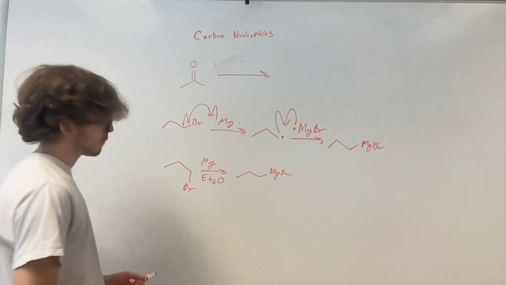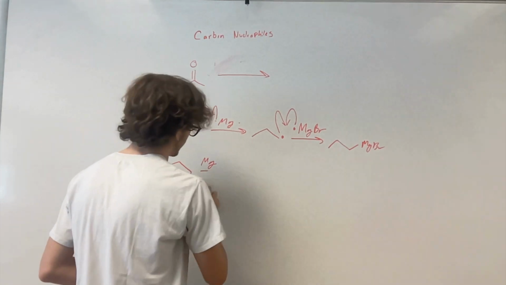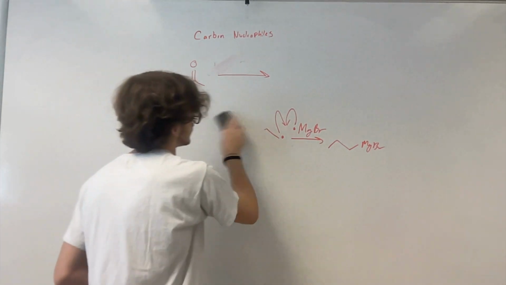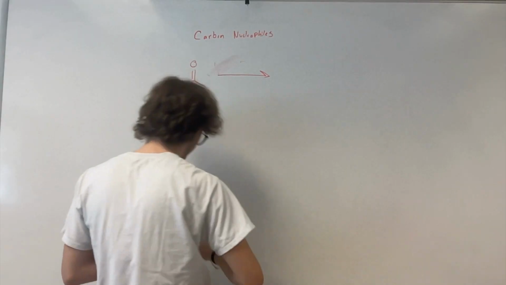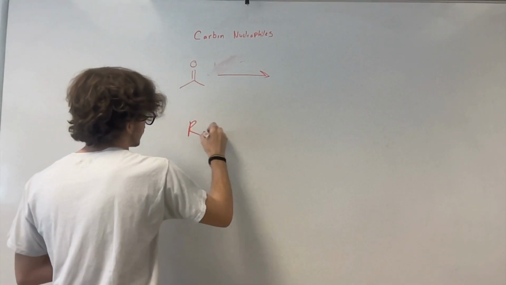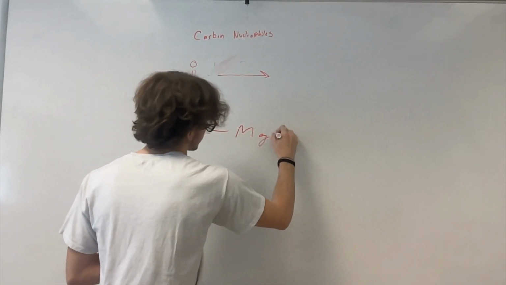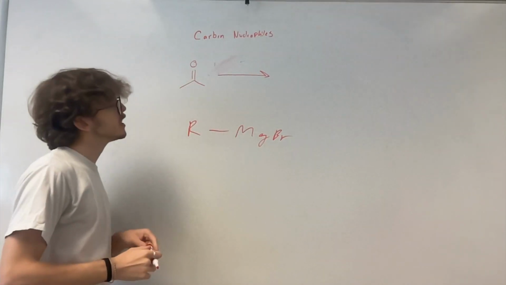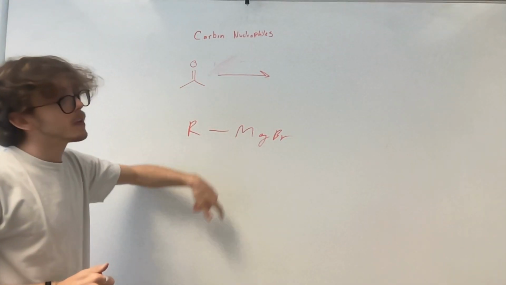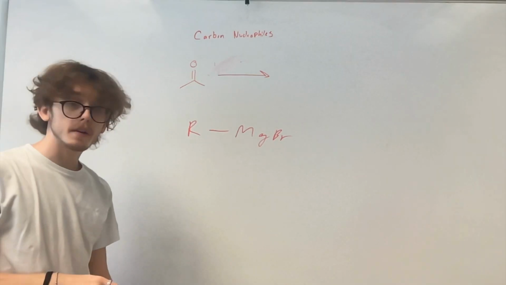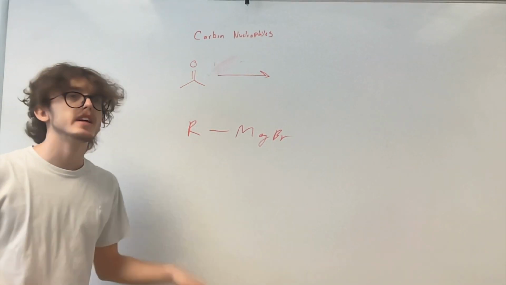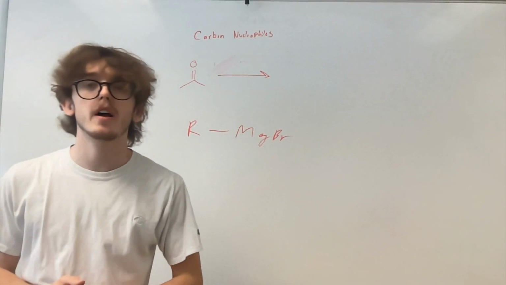Properties of Grignards. Now, I'm going to draw just a generic Grignard here, with the bond from the carbon to the magnesium elaborated. Magnesium is a group 1 metal. Carbon is on the whole other side of the periodic table. We would assume ionic. It is so close to ionic. It's not ionic.